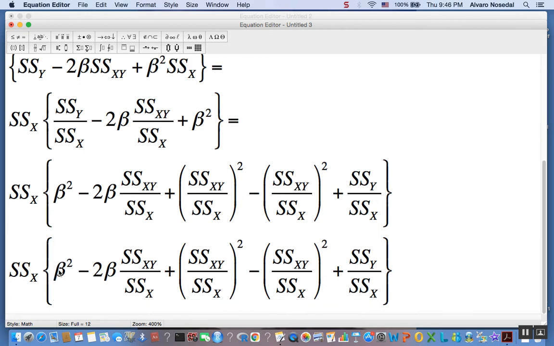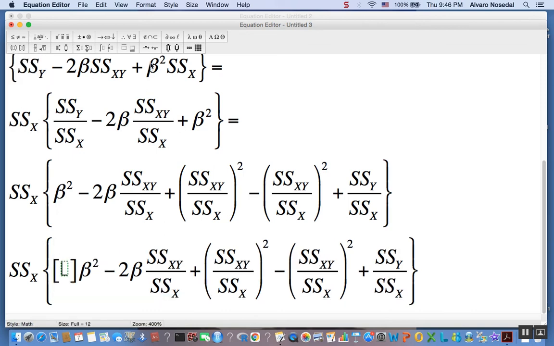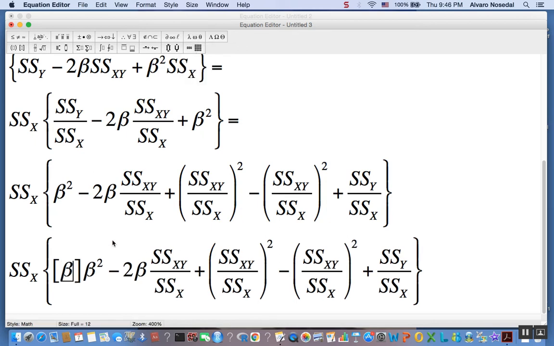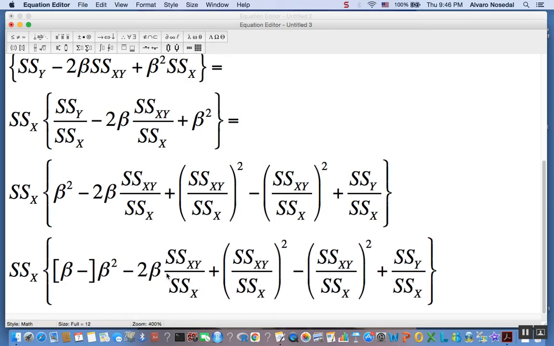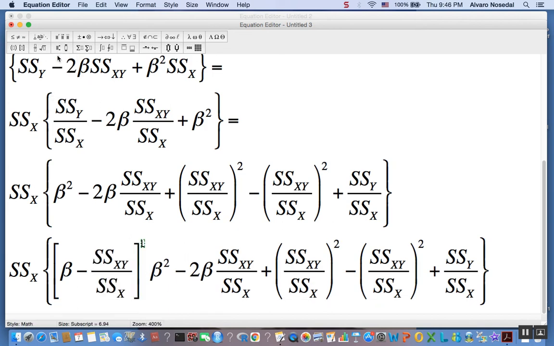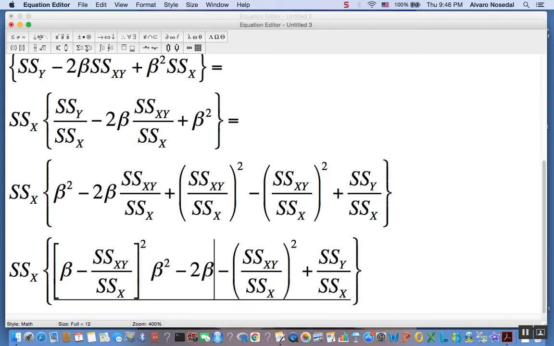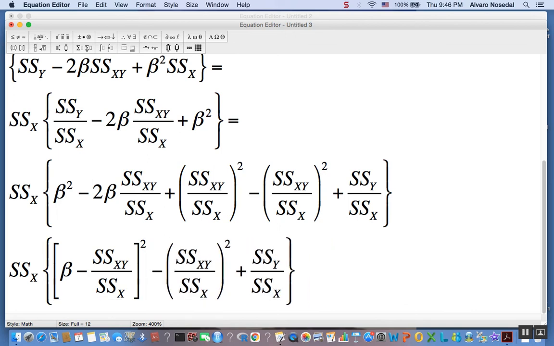So this is the same as, let me write it down like this, beta minus SSXY divided by SSX, the whole thing squared, right? Instead of having these 3 terms. Make sense, right?